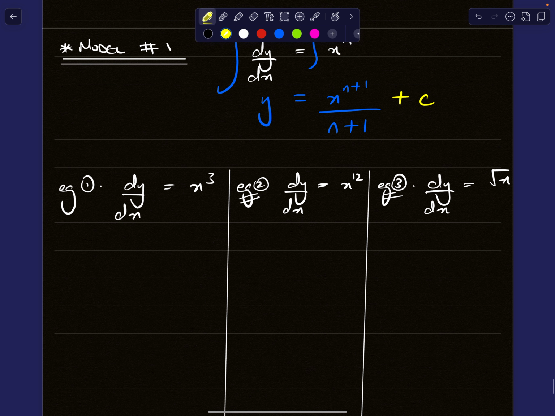Moving on, let's take numeric examples. In this case, put the integration sign and the equation turns out to be: increase the power by 1 to become 4 and divide the function by 4.